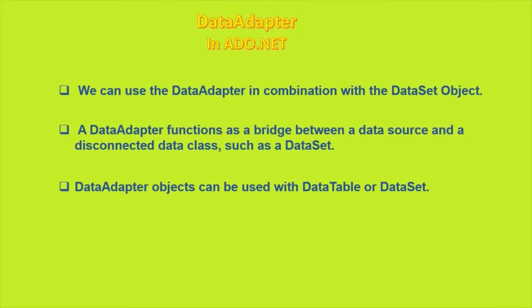And also these tables can have constraints, that is primary key, foreign key, and also relationships. Here we will see more than one tables, that is data tables in dataset. In further videos, we will see constraints and relationships with tables in dataset.